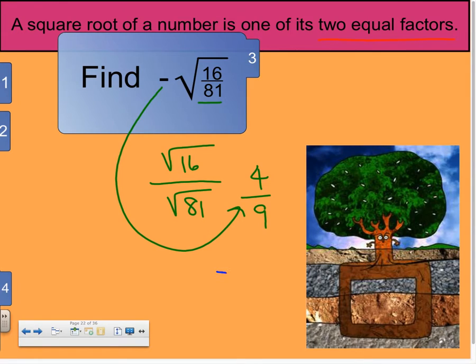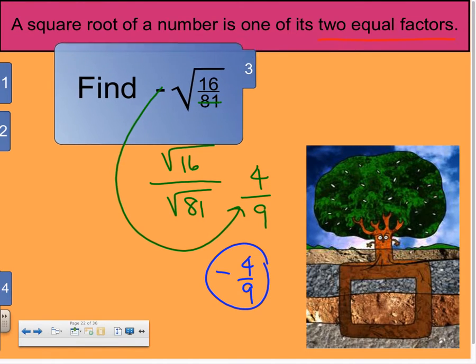Therefore, my final answer would be negative 4 over 9. So once again, don't forget to apply the negative after you find the answer. And if underneath the radical sign is in the form of a fraction, simply find the square root of the numerator and then the square root of the denominator.